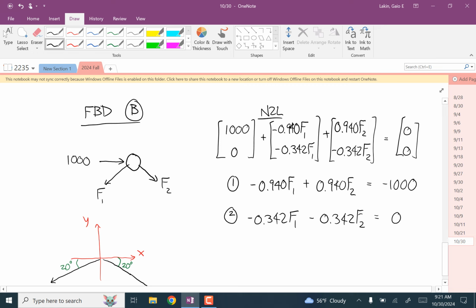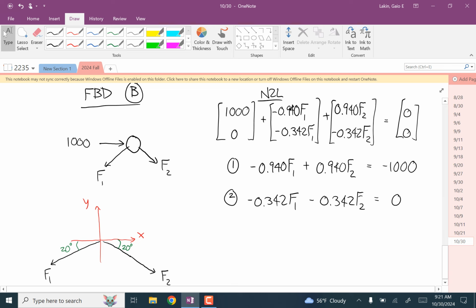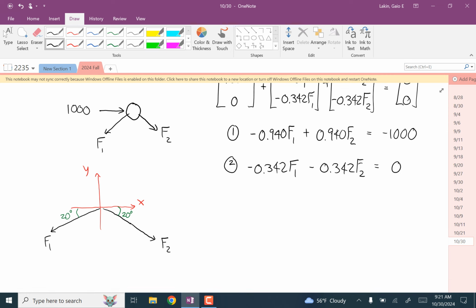And you can see, when you're doing these calculations by hand, this huge reduction in the number of variables and equations is really valuable. It's pretty easy to just do this by substitution. This second equation says that F1 is negative F2.